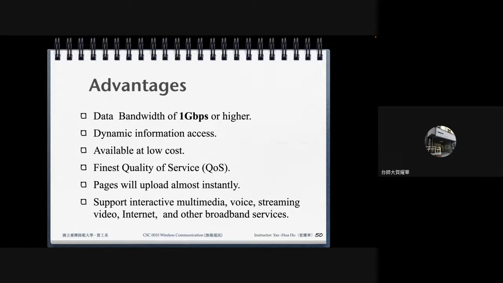It has much better quality of service. Paging will be uploaded instantaneously, which means when you open a web page, the device will select the best connection and bring up the page for you. It supports interactive multimedia, video streaming, audio streaming, and so on. Any type of broadband service nowadays is supported by the 5th generation.